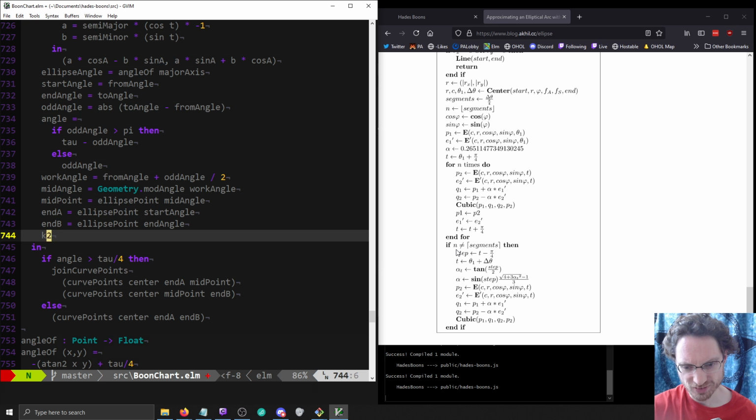So we have a thing called step. We have a thing called t, which seems to be in radians. We've got delta angle.